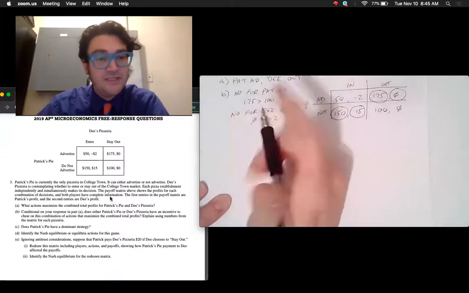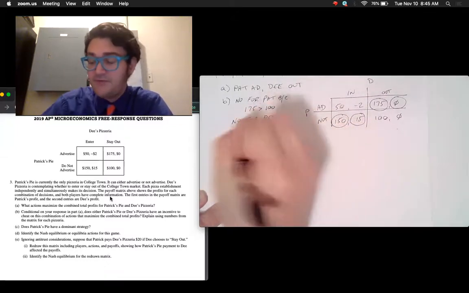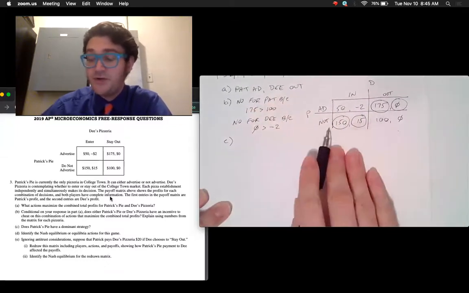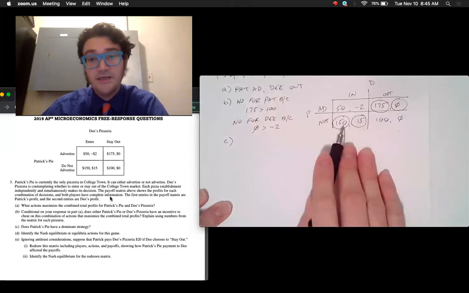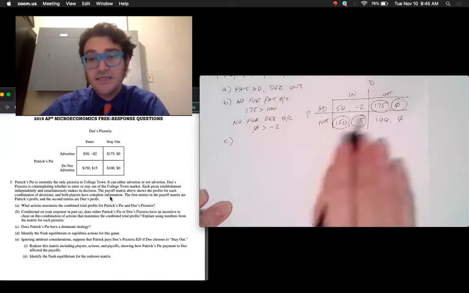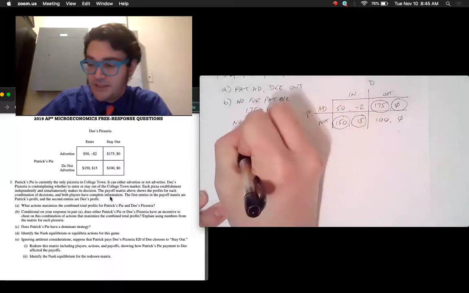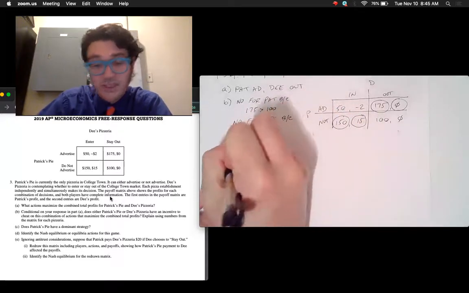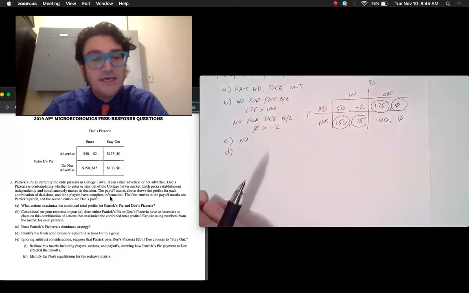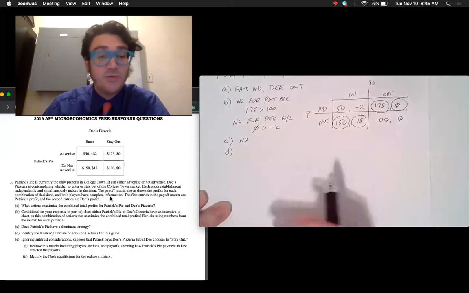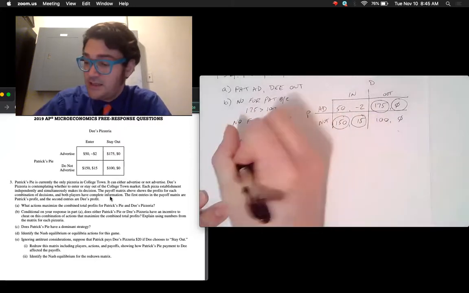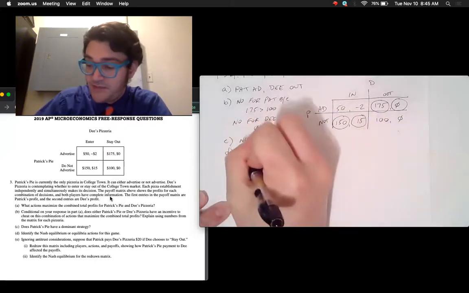Okay, so now it says C, does Patrick's Pie have a dominant strategy? And we can actually see very clearly that he does not. He might advertise if D stays out, and he might not advertise if D jumps in. So we would say, no, that's all we have to say. There's no explanation needed. D, identify the Nash equilibrium or equilibria. And so we would say there are 2, and we have to identify both.